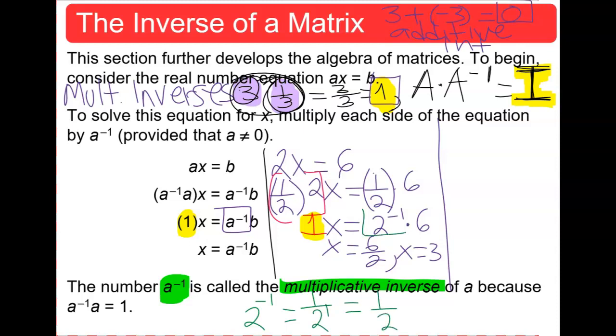Okay, so let's do the same thing with matrices. So let's say that we have a matrix A, which is the coefficient matrix. Then we have matrix X, capital X, for the unknown variables.